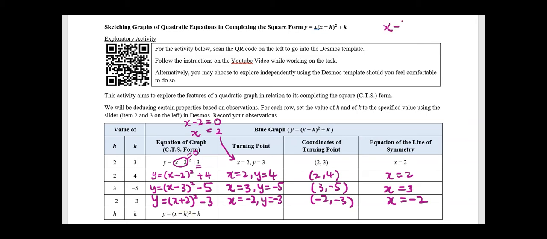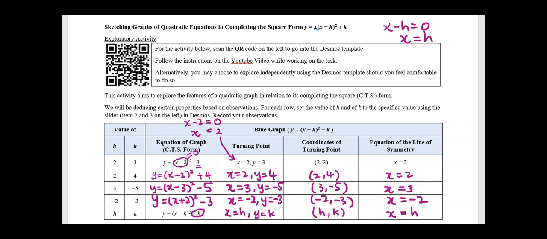And x minus h equals 0 on solving gives us x equals h. So we have x equals h, and the y-coordinate of the turning point follows this value over here. So y equals k. So in coordinate form, it is (h, k). Alright, and the line of symmetry is x equals h.